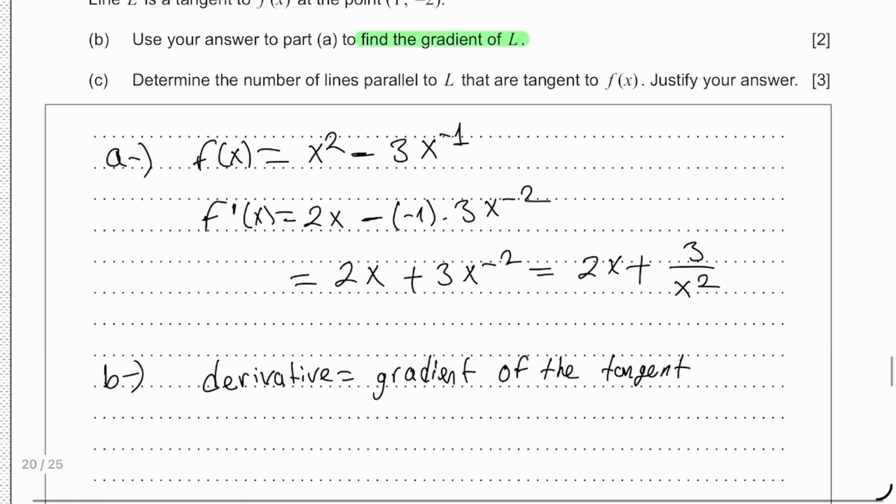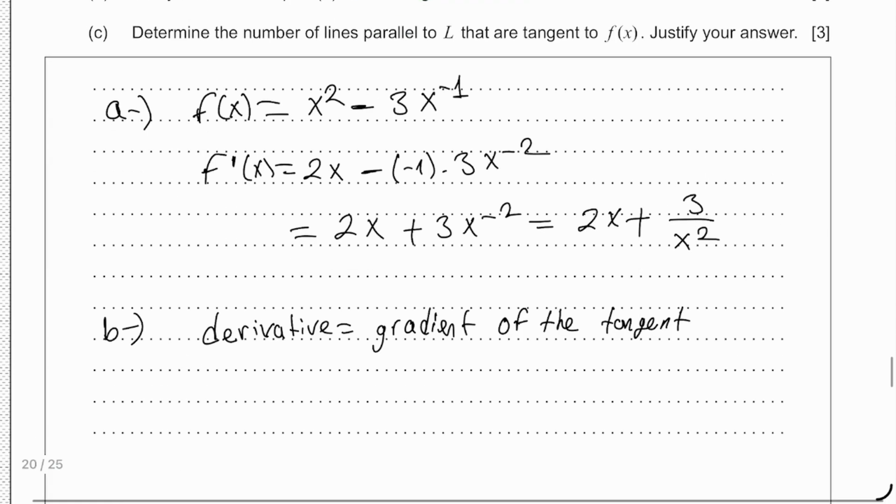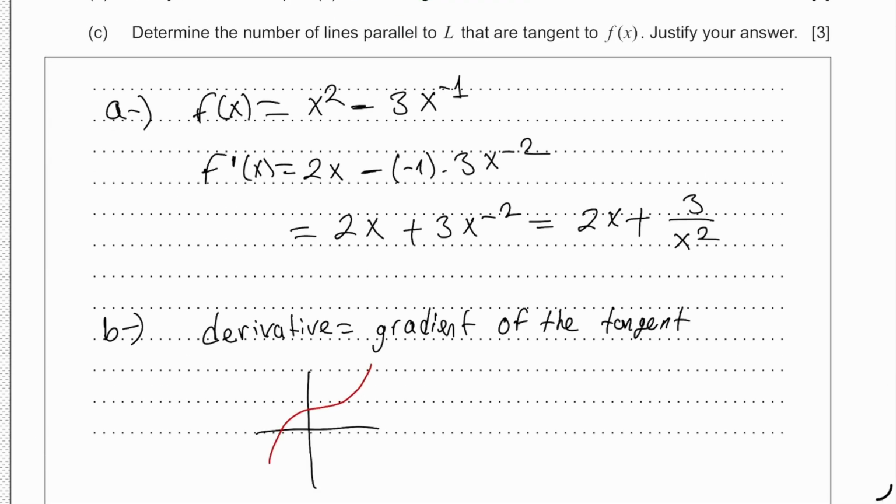So what I need to do is substitute 1 into the derivative function, because imagine we have a function like that, right? We have a point here, 1, right? And there is a line here, and f prime 1 equals the gradient. f(1) equals the y value, right?